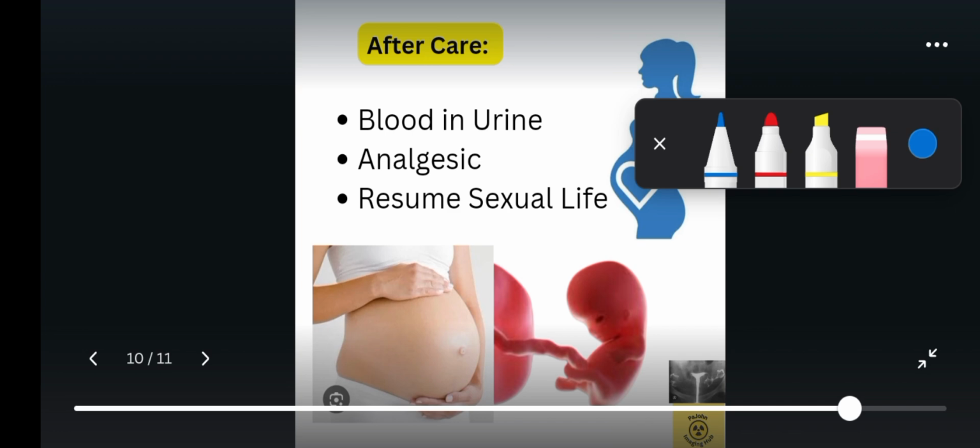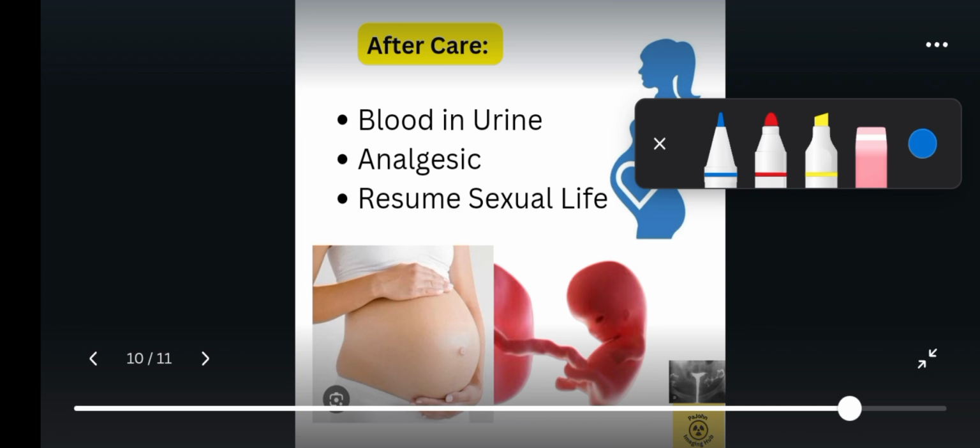And of course, the beauty about HSG is that it is both a diagnostic tool and a therapeutic tool. It is possible that what has been inhibiting or preventing pregnancy is just a little closure of the tube, which could be forced open by the injection of the dye.